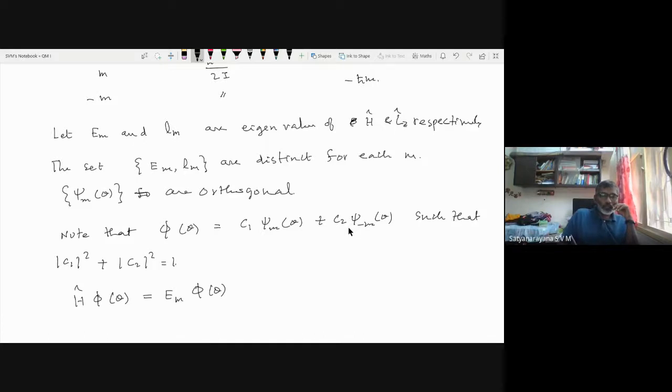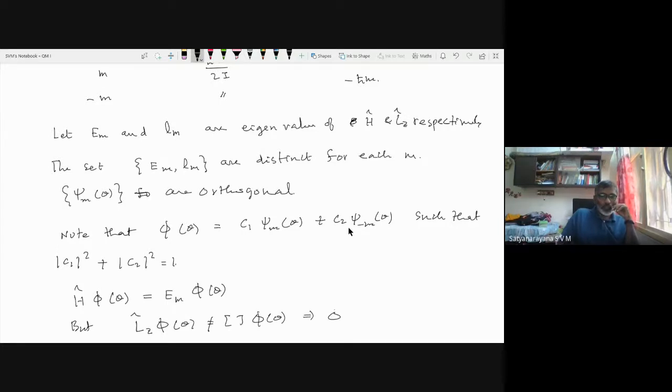But Lz operating on phi of theta, which I will leave for you to show, is not equal to some constant into phi of theta.